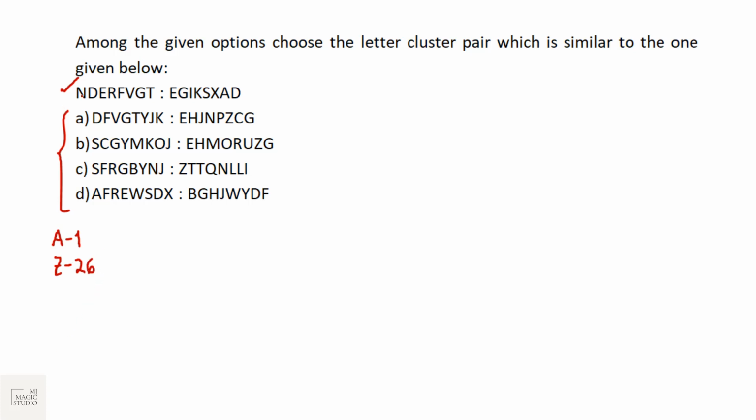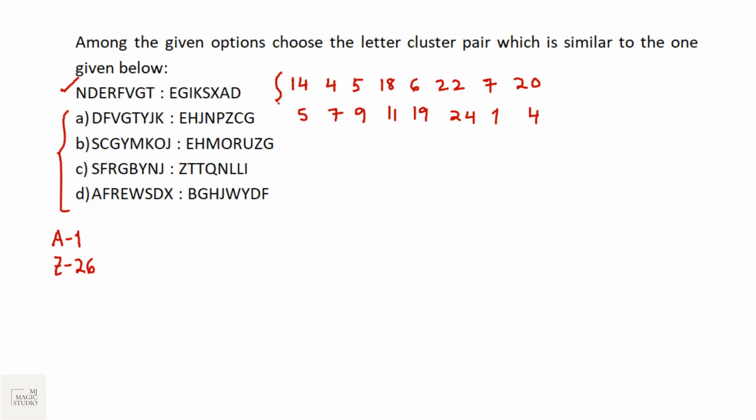So for the given cluster N D E R F V G T, it will be 14, 4, 5, 18, 6, 22, 7 and 20. It has been matched with E5, G7, I9, K11, S19, X24, A1 and D4.